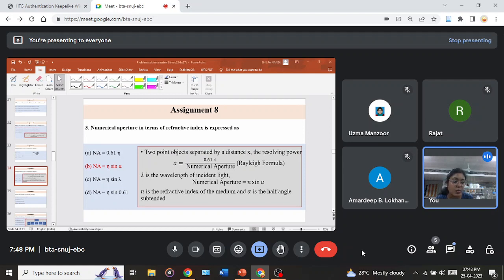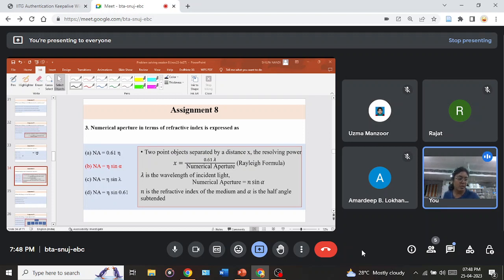So you must remember what basically this numerical aperture is, and also that numerical aperture is directly proportional to the refractive index. Any question can come from this particular formula. Just now I proposed two of the questions. One of the questions is already given in the current assignment. Other questions can also be framed.